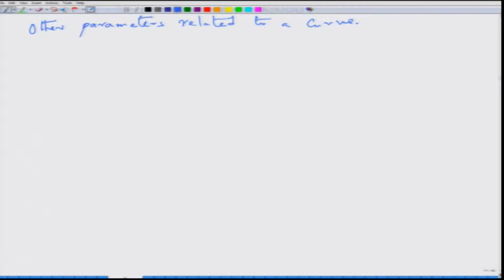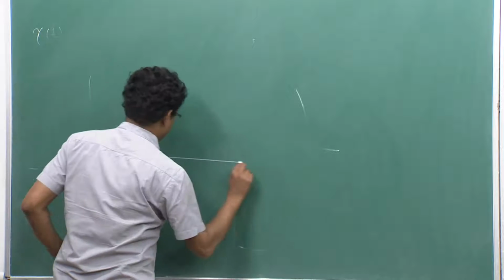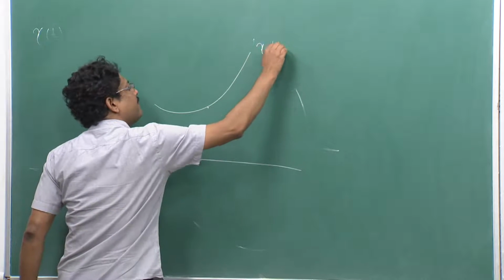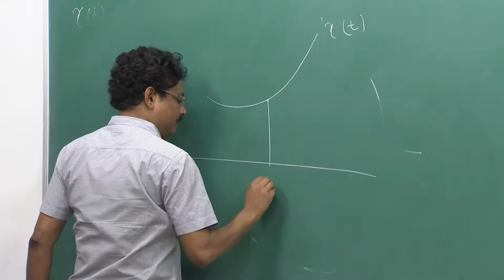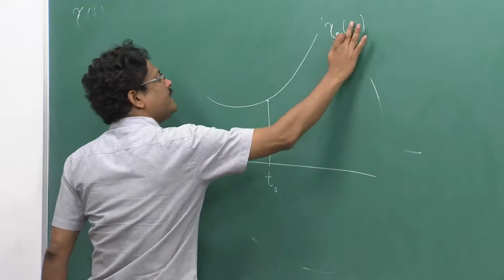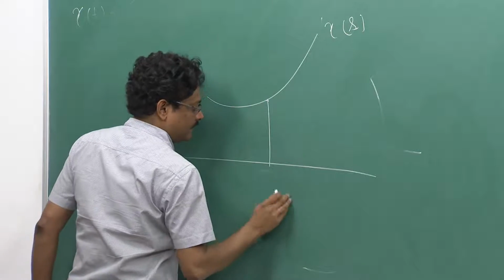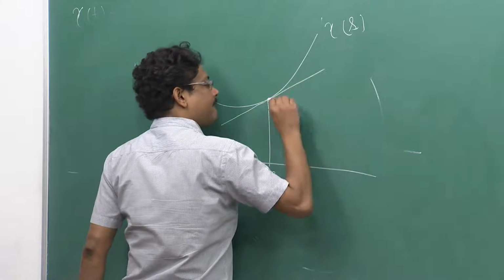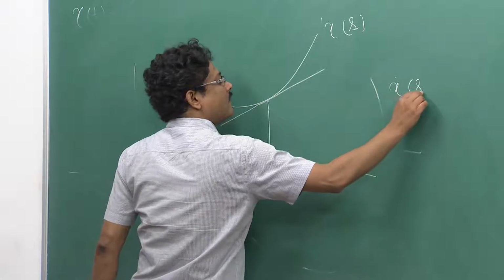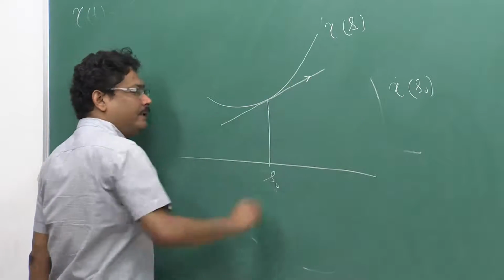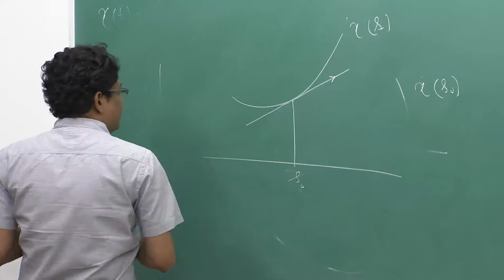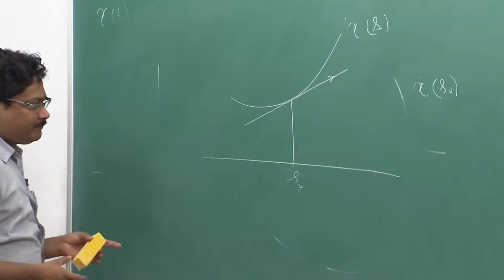Okay. One is this. Suppose I have a curve like this, so you have a curve out here, gamma t, here is a point t naught, or let us say it has unit speed s, I have a point s naught here. So, this is gamma dot s naught, which you can also interpret as a tangent vector.